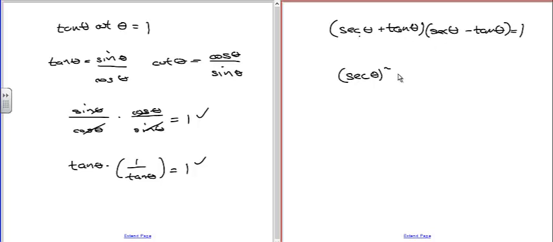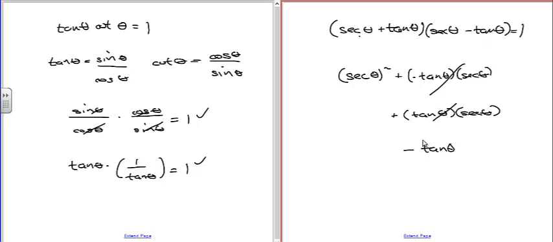You do the outside, which would be negative tangent theta times secant theta. And then you'd have the inner, which would be tangent of theta times secant of theta. You can see those cancel out. One's plus, one's minus.